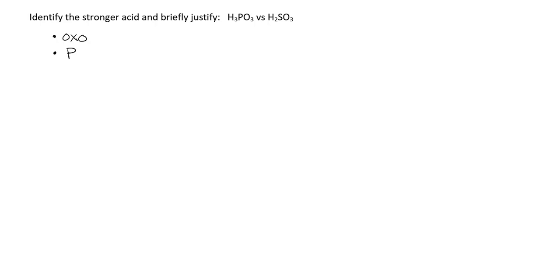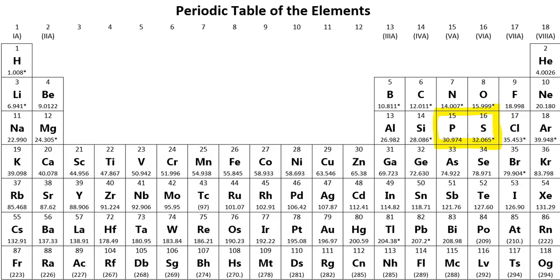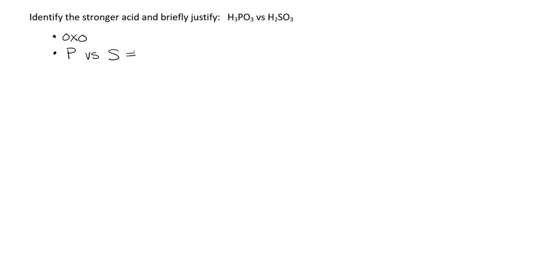So we're looking at phosphorus versus sulfur. So we'll take a look at the periodic table. So we find phosphorus and sulfur, and we are looking at a trend within a row. So we have an oxoacid, and we're looking at the trend within a row.